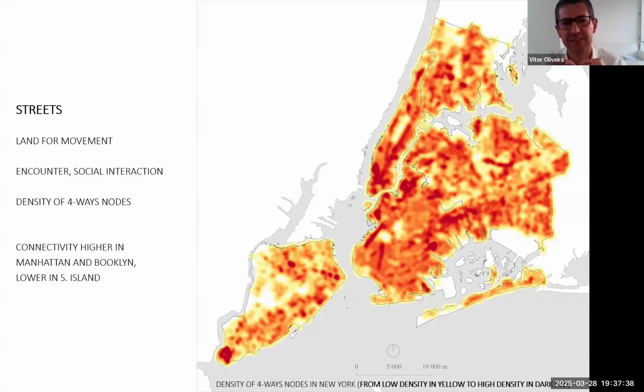So here, the density of 4-way nodes is a key aspect to understand connectivity. When we look at this map, we see that, for instance, connectivity is higher in Manhattan or in Brooklyn, and it is lower in Staten Island.